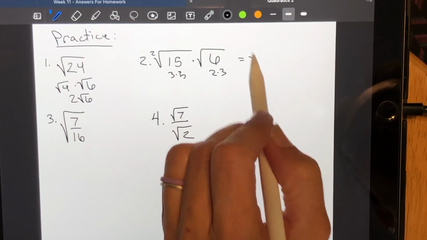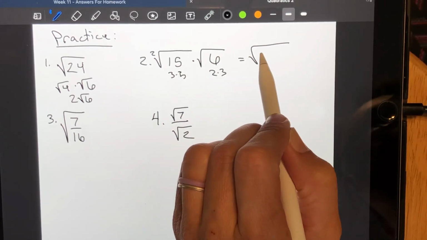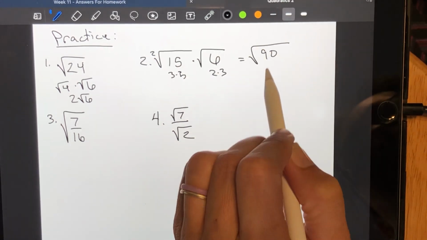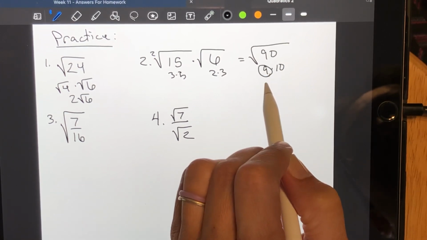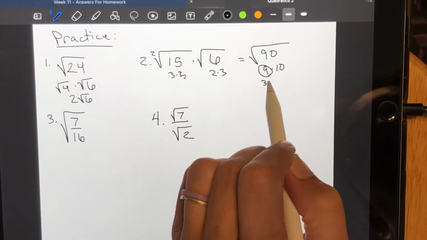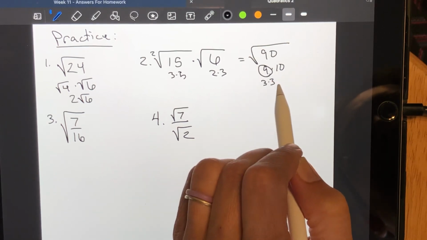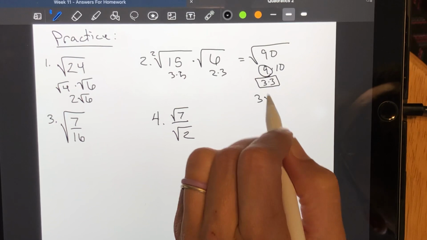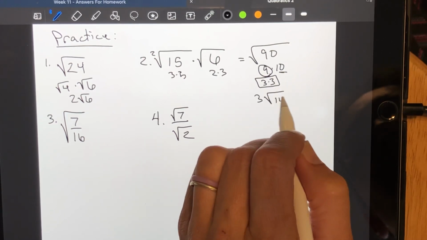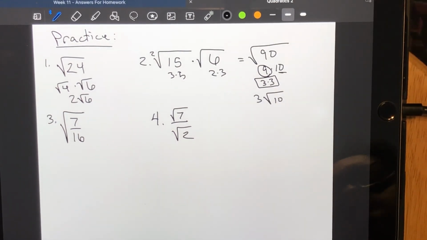So by multiplying 15 times 6, I get 90, which gives me 9 times 10. 9 is that perfect square. It's 3 times 3. I need a set of 2 to be able to pull it out. So my 3 goes on the outside, and my 10 just stays underneath the radical.